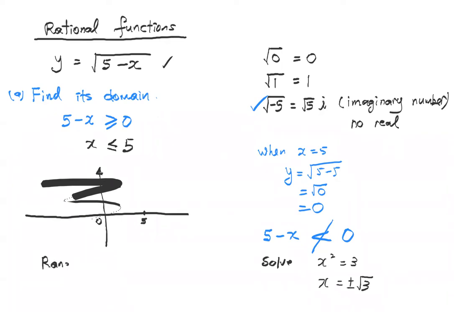So the range is y. y is a member of real numbers and y is greater than or equal to 0. Are you clear? Okay. Do you get me? So these are things about radical functions that all of us must know. Got it?